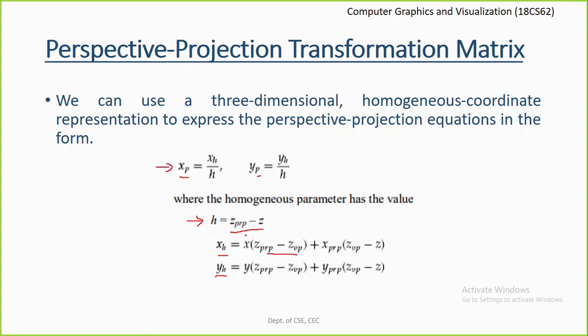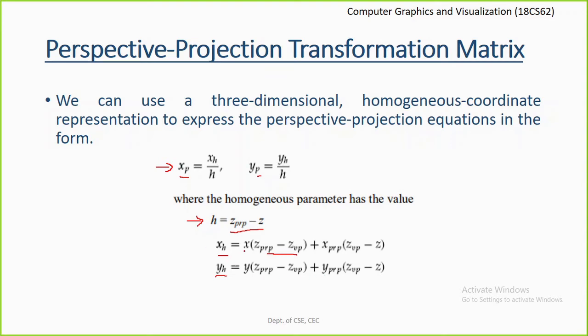To calculate this, what do we need? We need the values of x comma y comma z, the values of xprp, yprp, zprp, and also the value of zvp. With these values, you can compute h equals zprp minus z. xh is given as x into zprp minus zvp plus xprp into zvp minus z, and yh is given as y into zprp minus zvp plus yprp into zvp minus z.